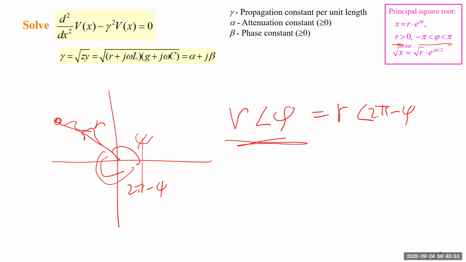For the square root, you calculate the square root of R, and for the angle you just take half.